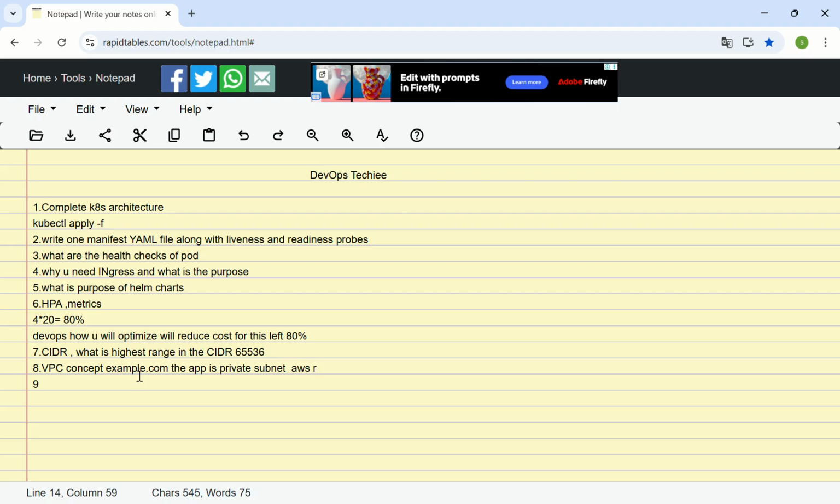What are the AWS resources we can see there? This is the expected answer from them: how it is routing, how is the internet gateway, what is the public subnet, private subnet, and the difference between public subnet versus private subnet as well.